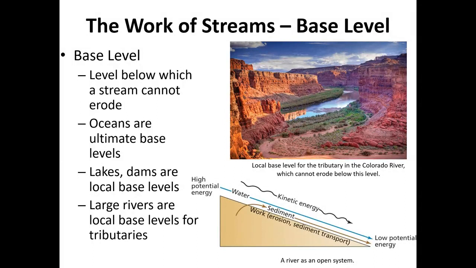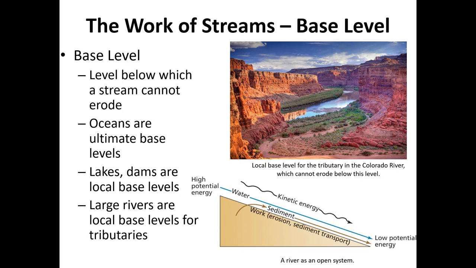The base level of a river is basically the level of a river where it can't really go down anymore. The ultimate base level of a river would be the ocean, but the base level of a river in Michigan might be Lake Michigan or Lake Huron. Basically, there is a point where rivers can't really erode anymore, and that's considered to be the base level. And on the diagram on the bottom here, where you have rain coming down high in the mountains, that has a lot of potential energy.